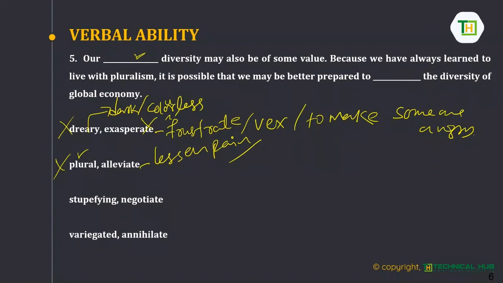Let us see the next. What is this stuffify? Stuffify meaning is to dull.